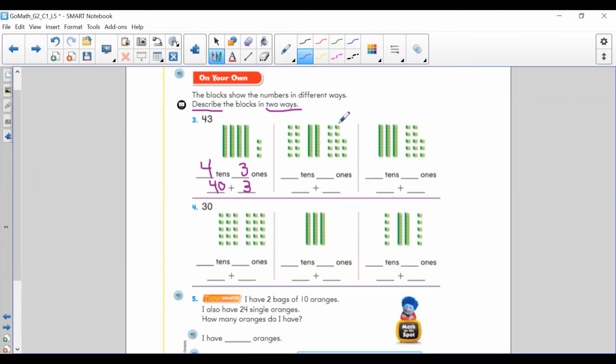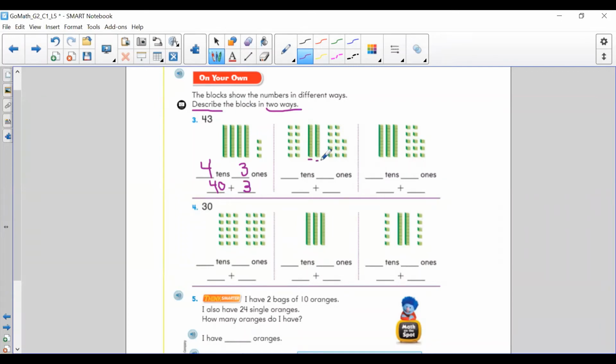Okay, try this next one on your own. We're still going to have the number 43, but it looks like maybe 2 of those 10s have been taken away and turned into 1s. So count the 10s and then count the 1s. Okay, so how many 10s do we see?